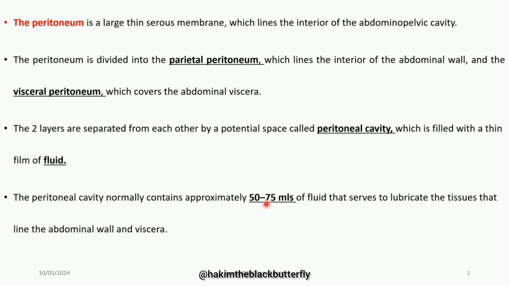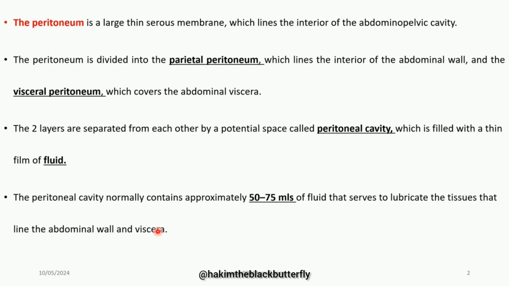Okay, so normally within this space there is some fluid, about 50 to 75 mils of fluid, and this fluid basically lubricates the tissues that lie in the abdominal wall and the viscera. So remember, your intestines are always moving during digestive movements.